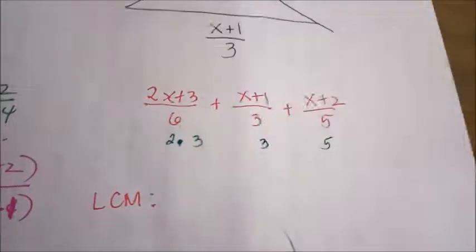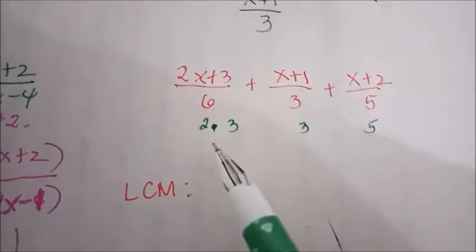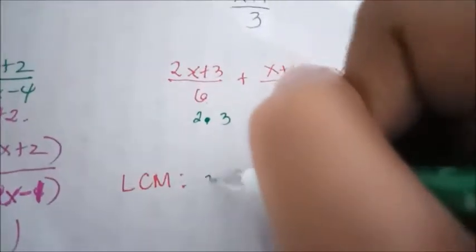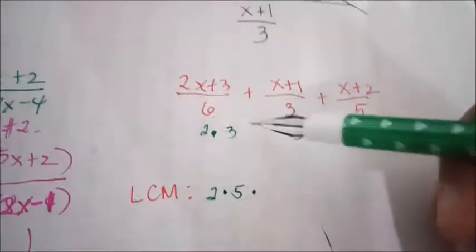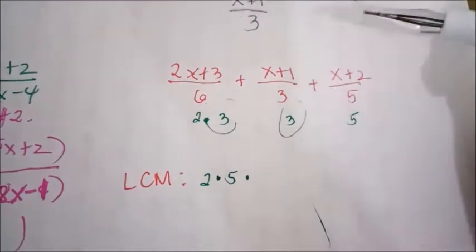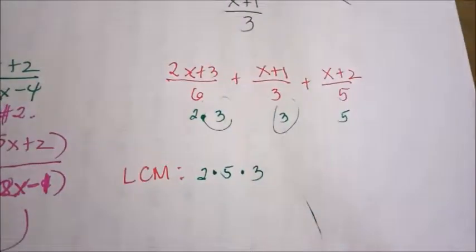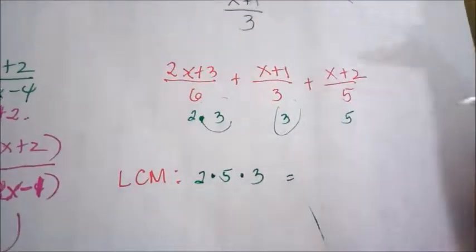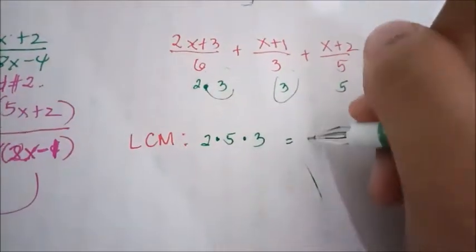Kasi 5 times 1 lang siya. So, unique factors tayo. The unique factors will be 2 and 5. O, multiply lang natin. 2 times 5 times. The common factors will be 3 and 3. So, write it once. No? 3. Ayan. So, our LCM will be 2 times 5 is 10 times 3 is 30.